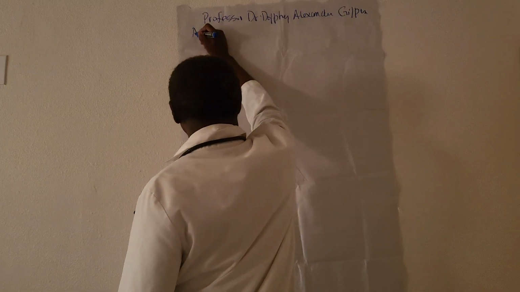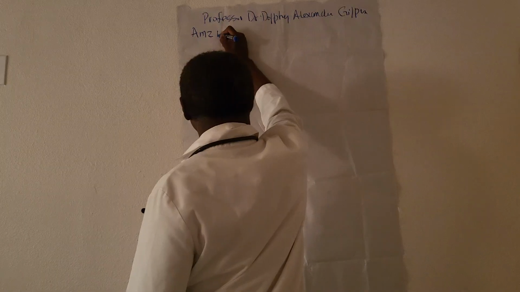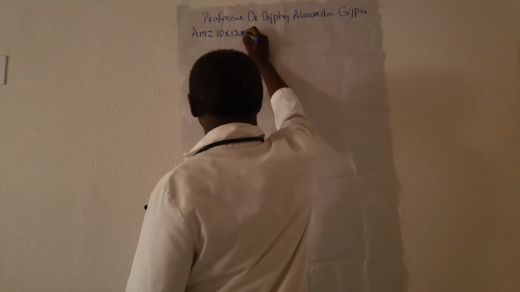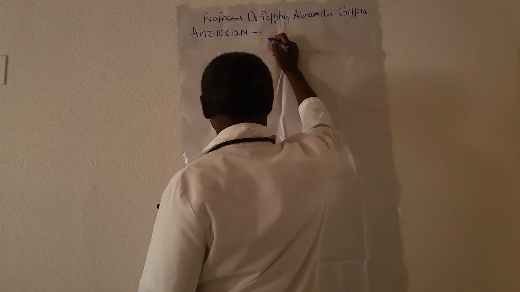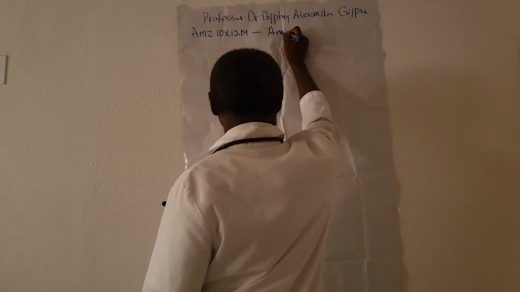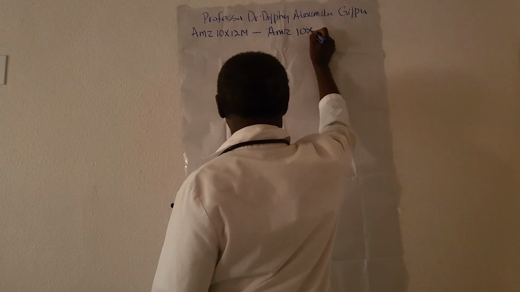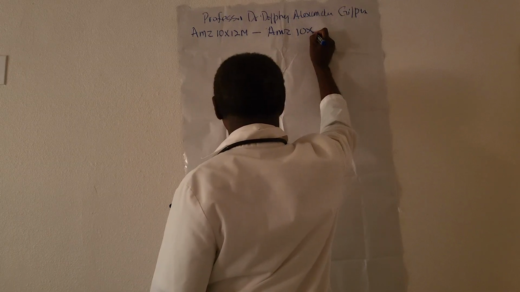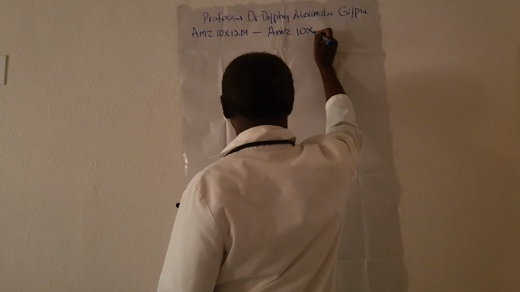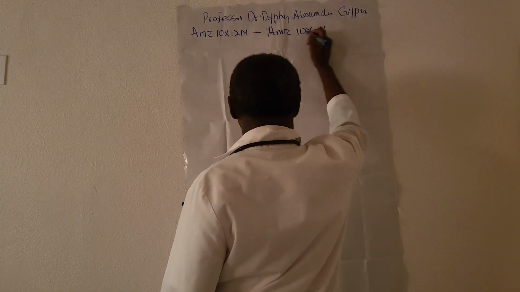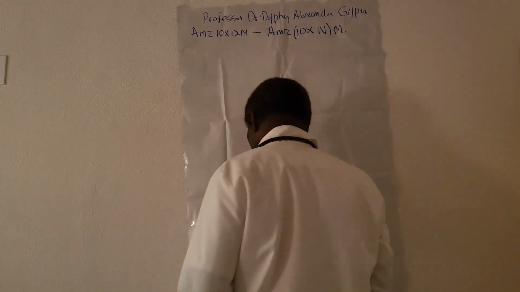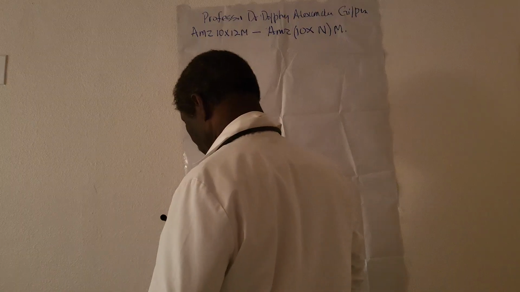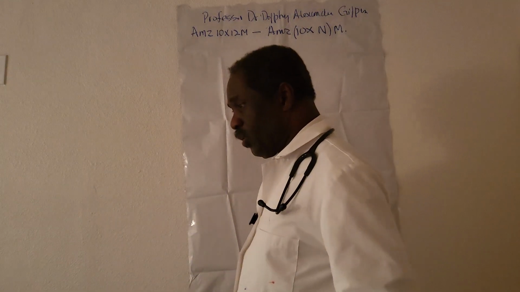So we have now, and that will be Am10 multiplied by N, where N is a number 1 to 100.